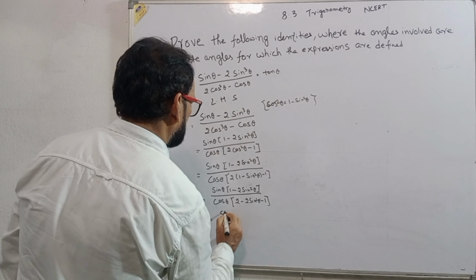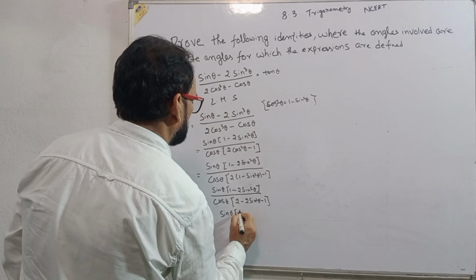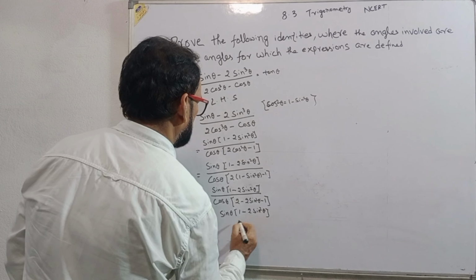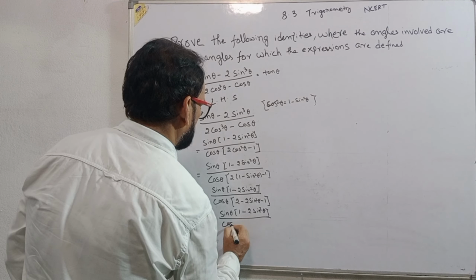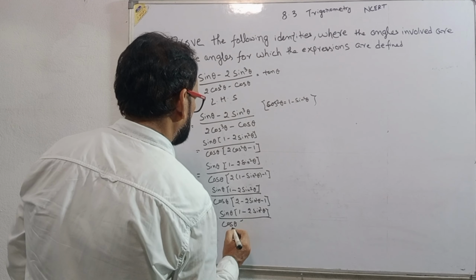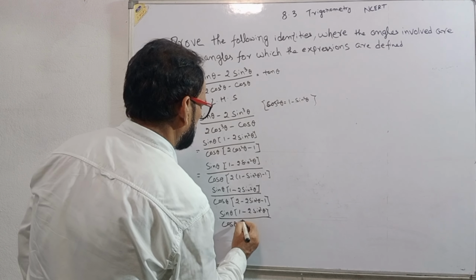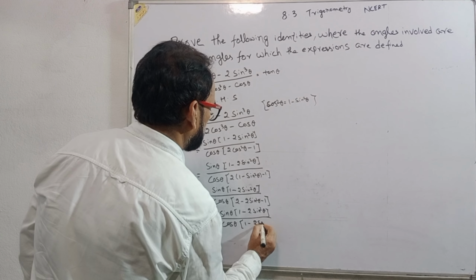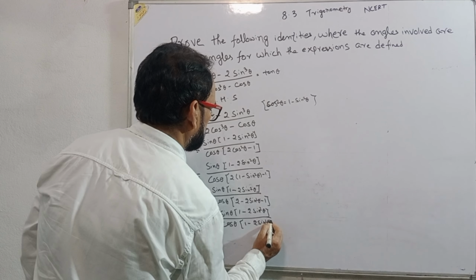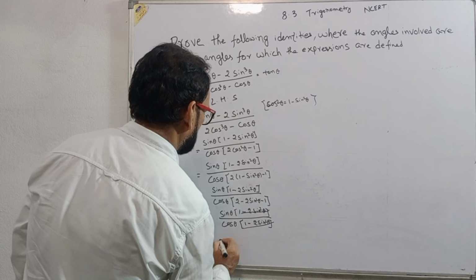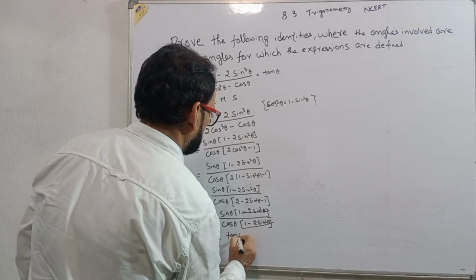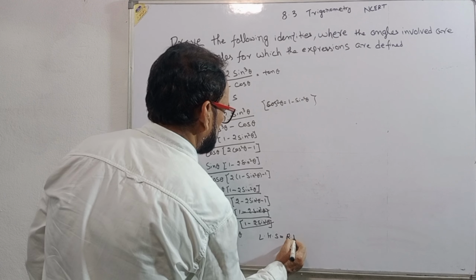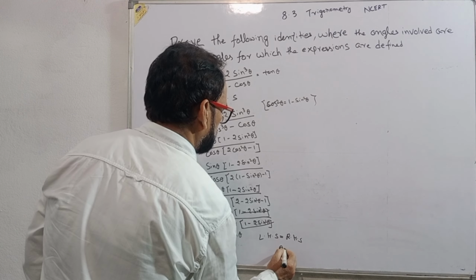Here sin theta into 1 minus 2 sin square theta divided by cos theta, 1 minus 2 sin square theta, here tan theta. LHS equal to RHS. Proved.